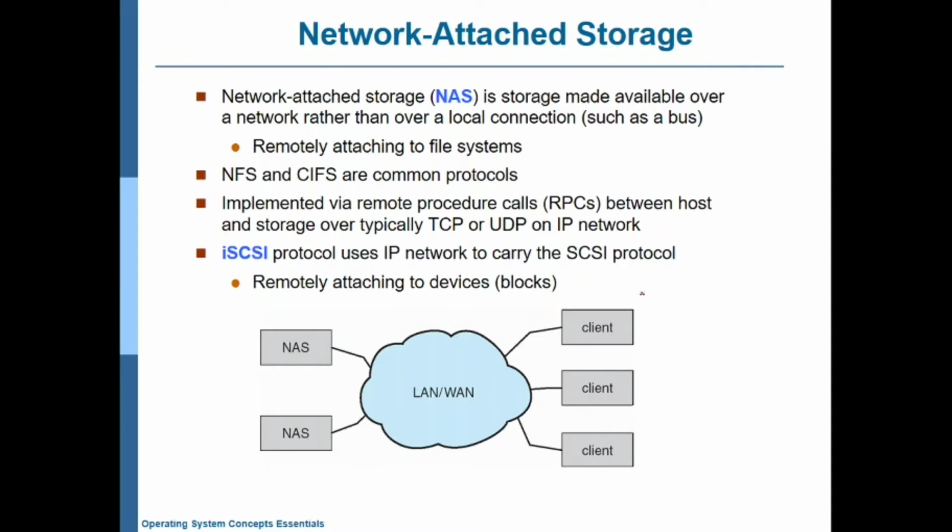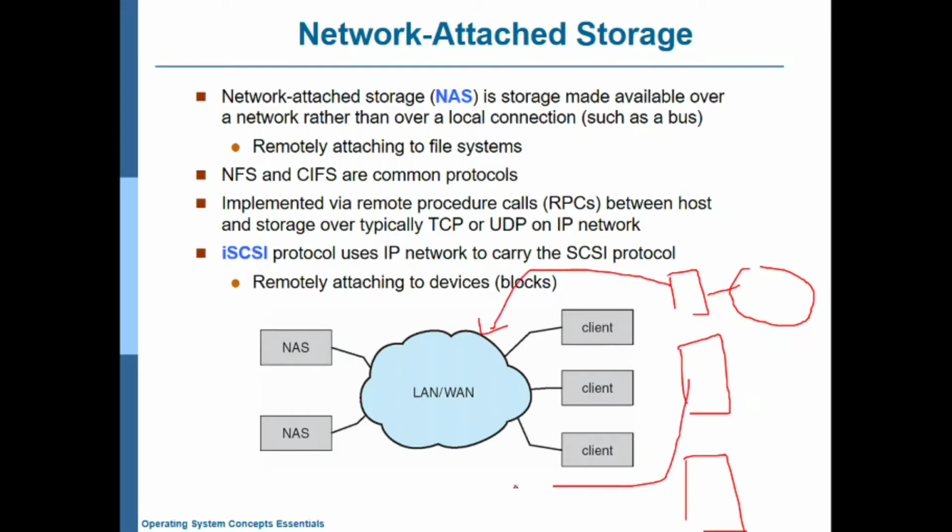Network attached storage. Each one of the systems will be attached to the network attached storage. You can see here a number of systems attached to the LAN or WAN, and whatever services are required are shown at the client.